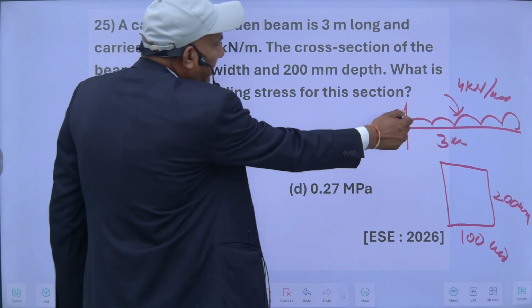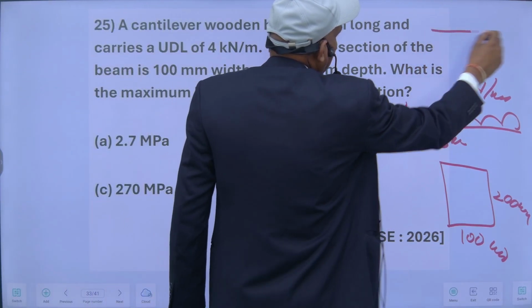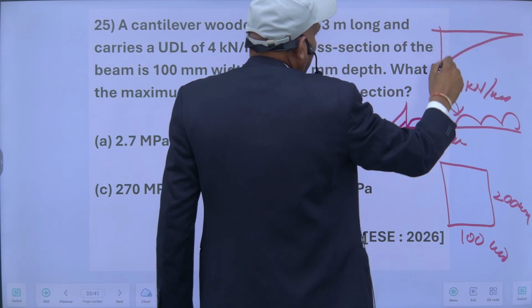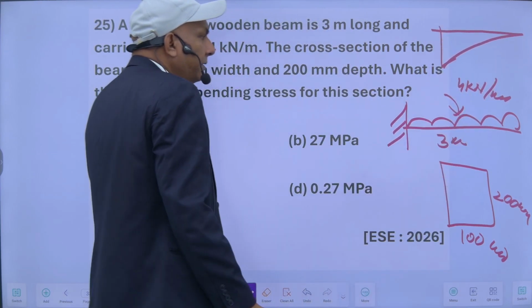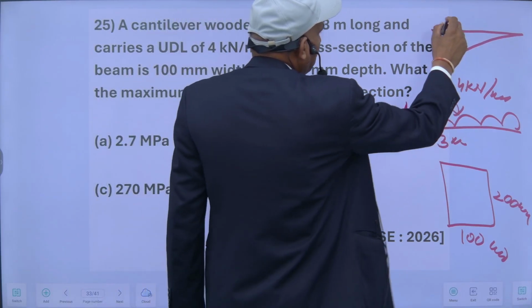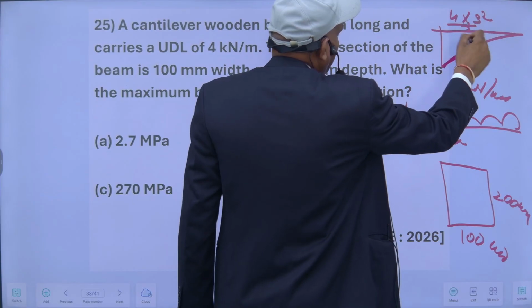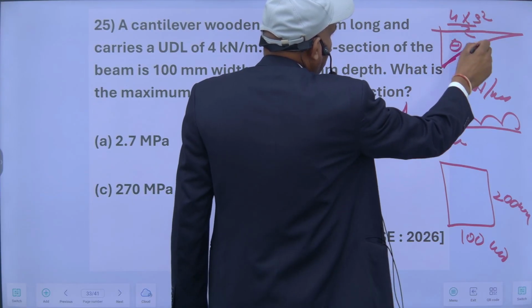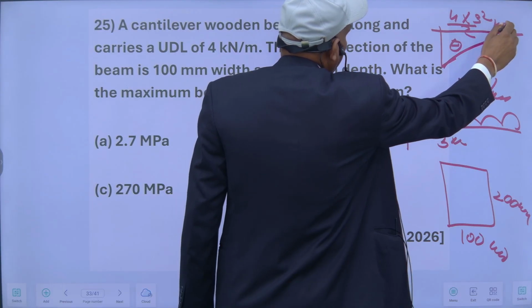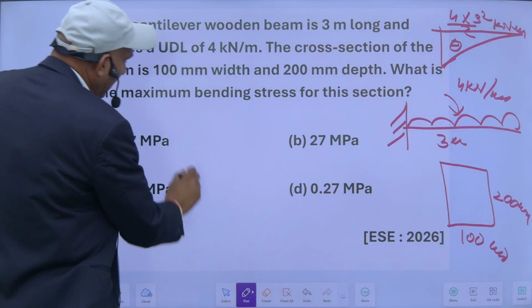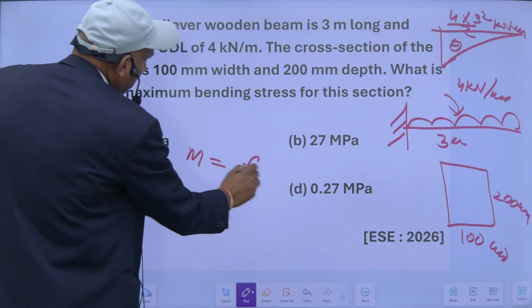So its bending moment will be like this, WL square by 2. Bending moment will be WL square by 2, 4 into 3 square by 2. It will be maximum here. This is in kilonewton meter. So this is M. M is equal to Fz.